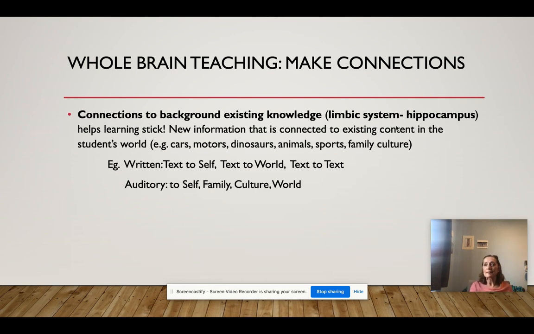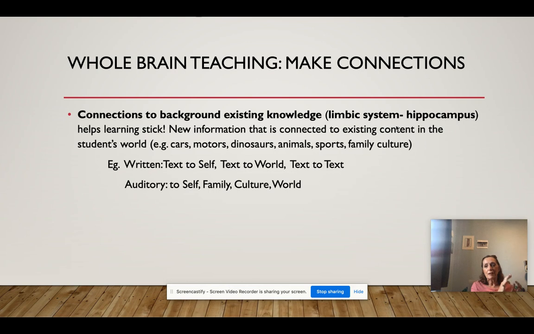So whole brain teaching, this last part that I want to talk about is making connections, and connections to background existing knowledge is really a great thing, because again, we're filing this new information in the hippocampus, but it really helps learning stick when they can file it in a file, right, with something that's familiar.